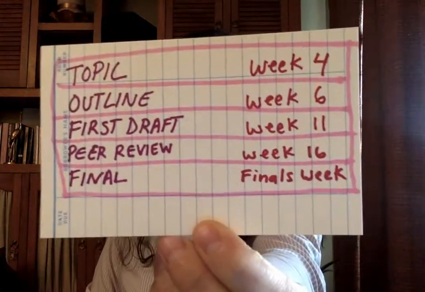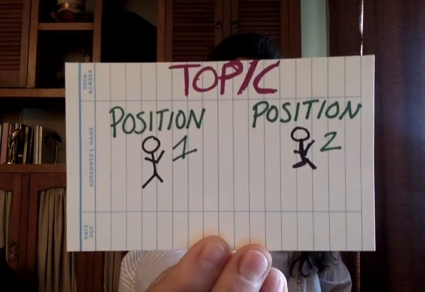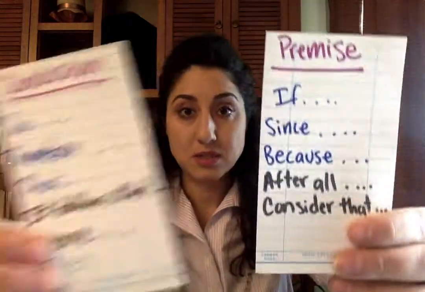The next thing you do after your topic is approved is come up with an outline. This involves doing some research. For the outline, you need to figure out two people's positions on that topic. Remember, a position involves an argument.